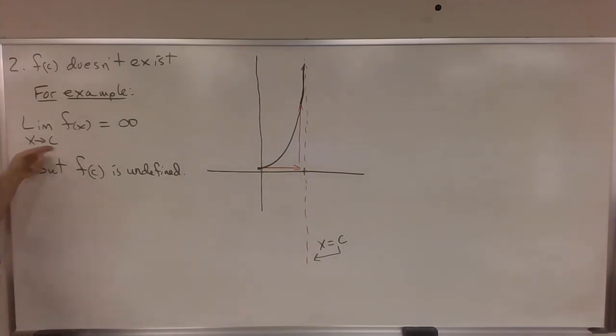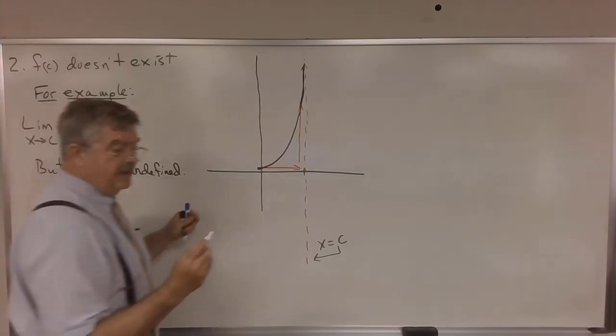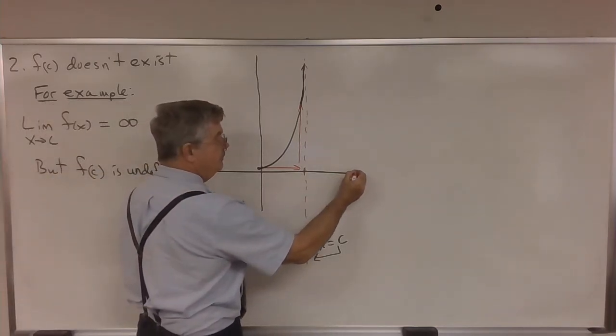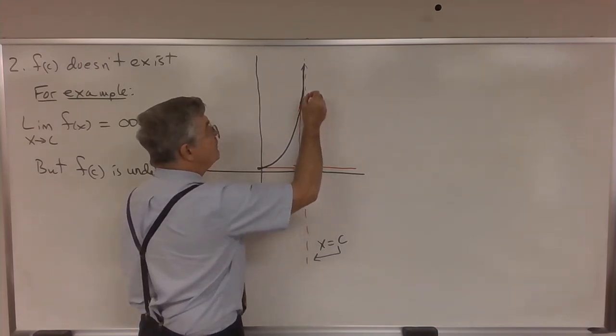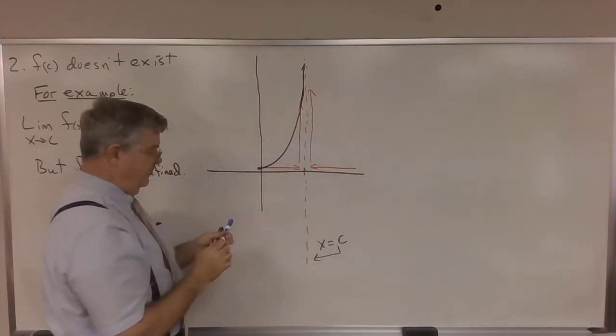Now, as x approaches c from either direction, y equals f of x goes to infinity. So that also means that as x approaches c from the right, f of x, the y value, goes to positive infinity.